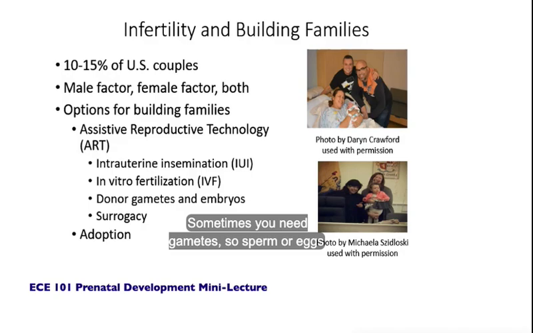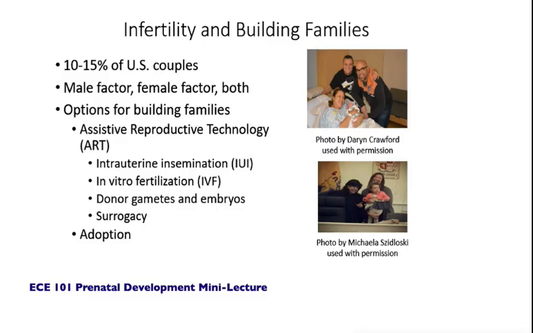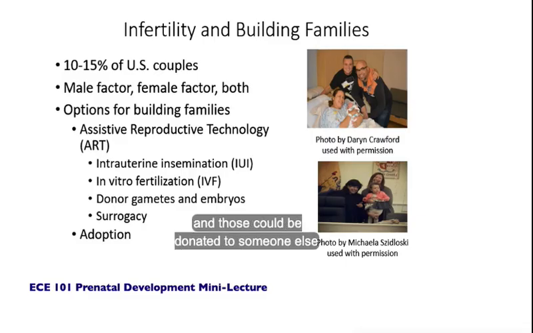Sometimes you need gametes, so sperm or eggs from someone that's not the intended parent. So that's donor gametes. There's also donor embryos. These are embryos that have already been created in ART for another couple or another person, and those could be donated to someone else to develop a pregnancy.